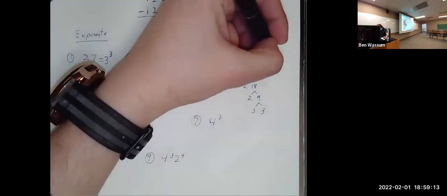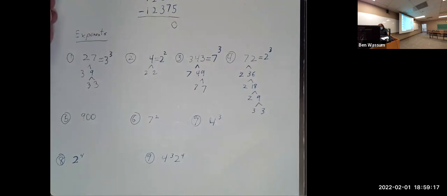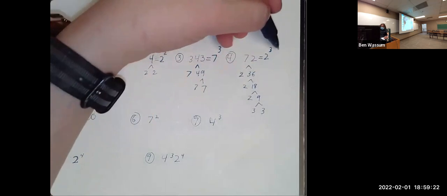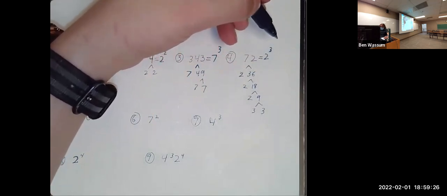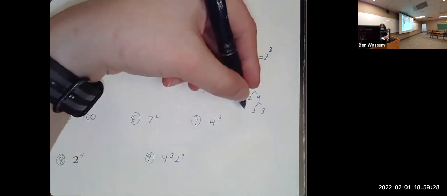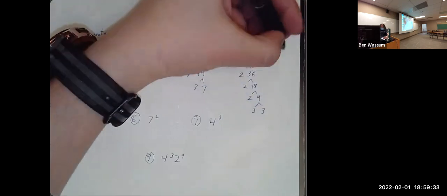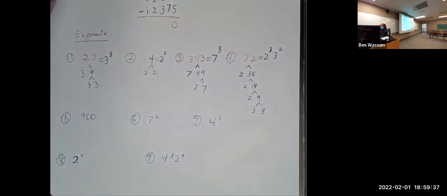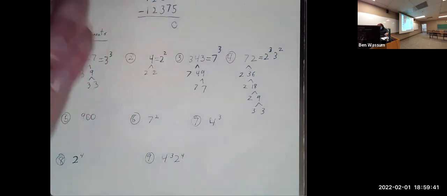How many times do I have it? I have 3 of those, right? Okay, so that's 2 to the 3rd. And it ends up multiplied by the other pieces. You don't need to put the symbol there because if they're right up next to each other, it implies that they're multiplied. So I have a 3 being squared. So 72 ends up being 2 cubed, 3 squared.